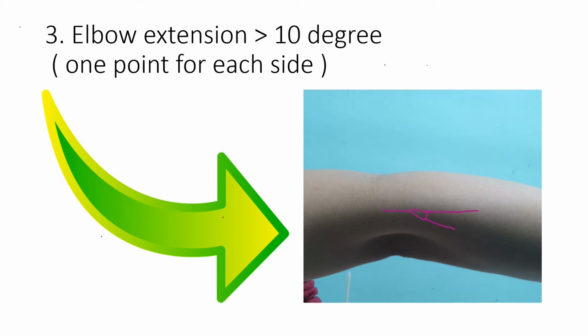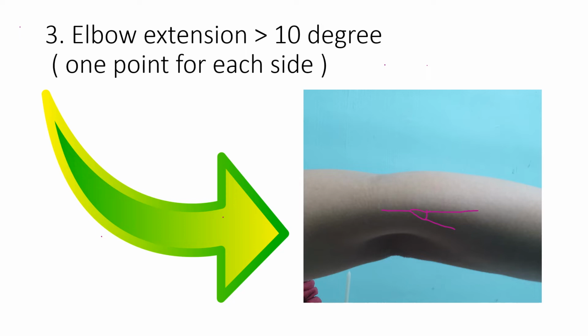For number 3, if the elbow extension is more than 10 degree, 1 point will be given for each side. For example, if the left elbow is able to hyperextend beyond the 10 degree, I will give 1 point.